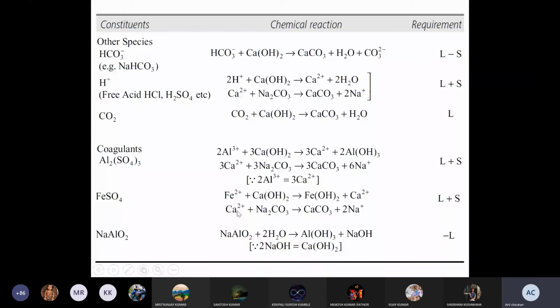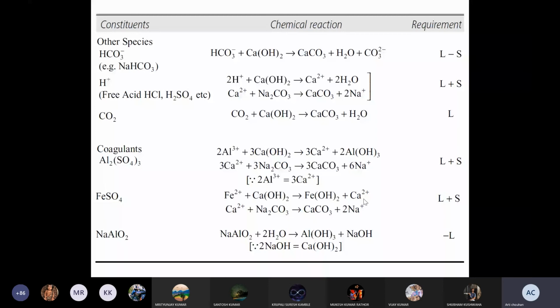Now the coagulant sodium aluminate. Sodium aluminate reacts with the water and gives aluminium hydroxide precipitate and NaOH. 2 equivalent of NaOH is equal to 1 mole of calcium hydroxide.